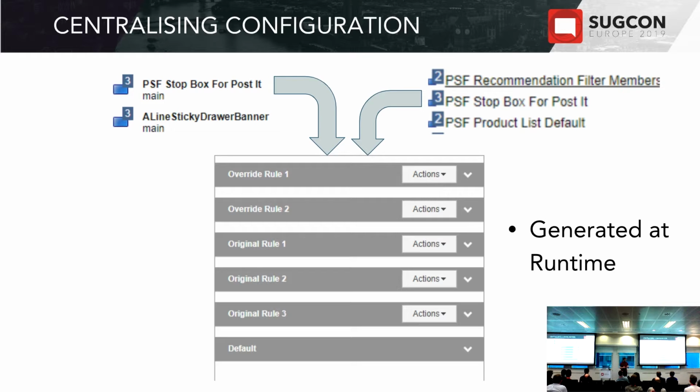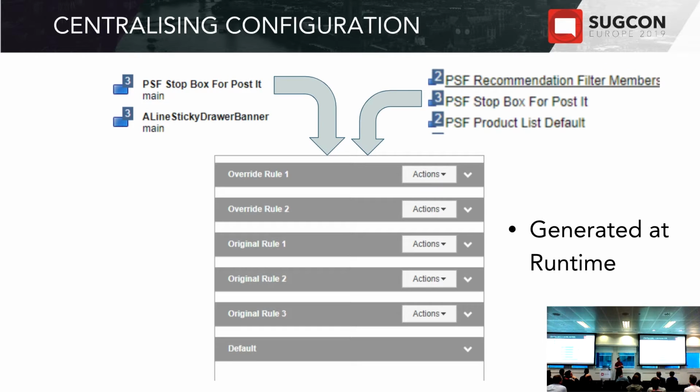The override rules come first, and then the page rules come second. If none of the override rules apply, so maybe somebody isn't meant to be in this campaign, then they just drop back to the normal page rules. So this gave us the nice ability to say, we've got these global centralized rules, but you can still do whatever you want on that single page, and it will still apply.